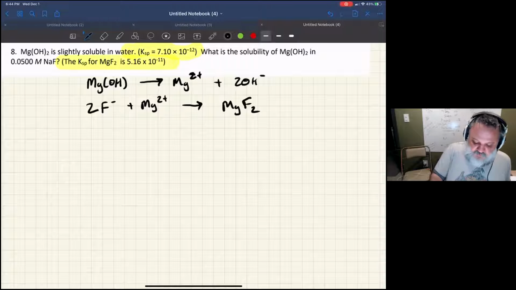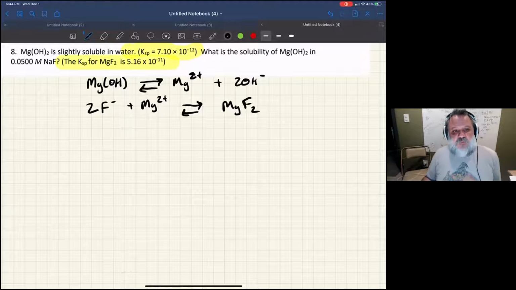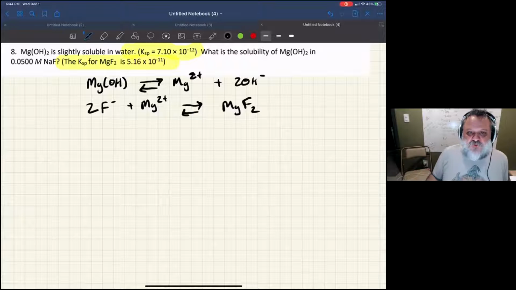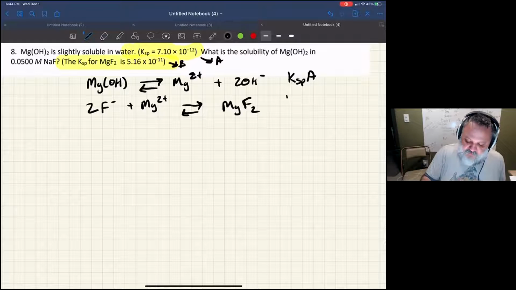And so these two equilibriums are happening at the same time, and this is a situation known as simultaneous equilibrium. Let's call this one reaction A and this one reaction B. So the KSP for this one is KSPA, and the KSP for this one is the reverse of KSPB, so it's 1 over KSPB.